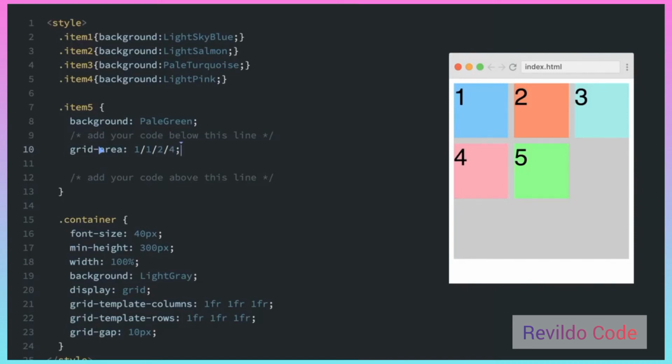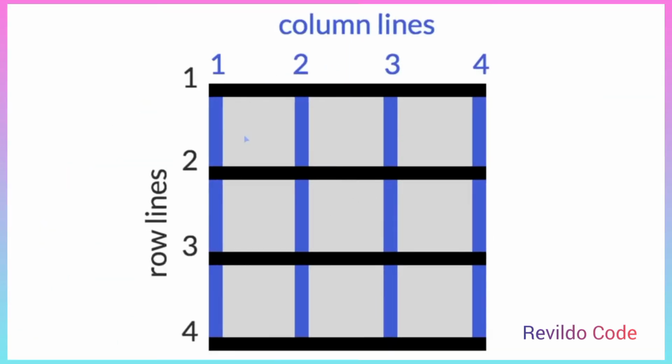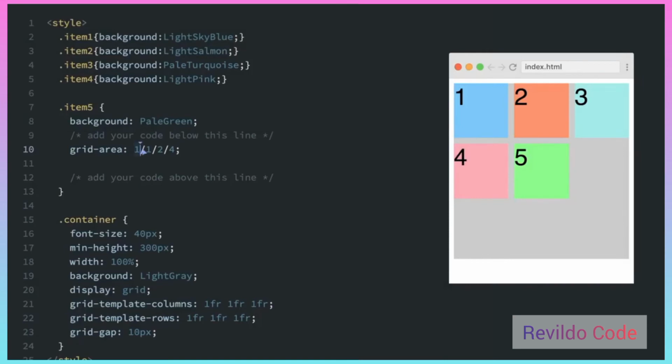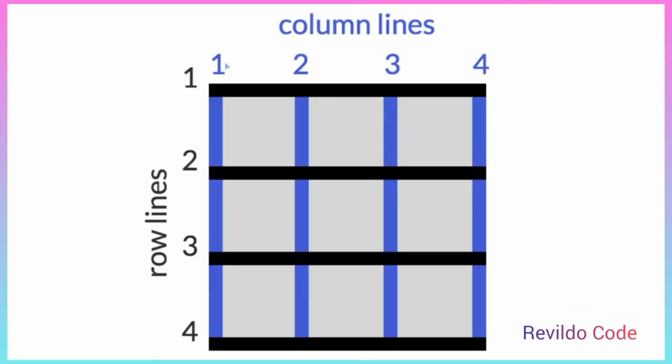Now, these use the same type of numbers that we talked about before. If you look at this chart here, it's almost like setting coordinates on a graph. The first 2 numbers are the start coordinate, and the last 2 numbers are the end coordinate. So the first 2 numbers would be the horizontal line to start with and the vertical line to start with.